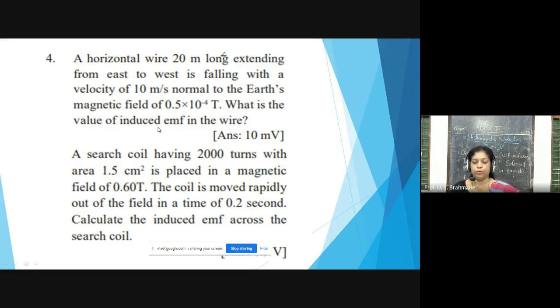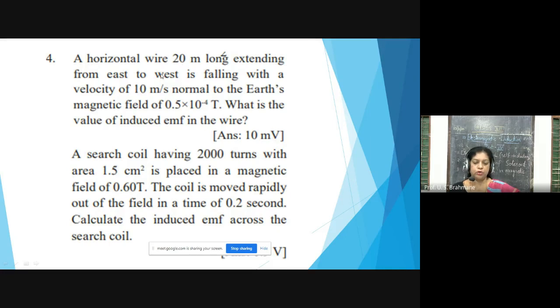I told you before, I think before inductance and energy transfer, we derived this for rotational motion and translation motion: E is equal to BLV. If you solve this, the length is in meters and the velocity is in meters per second, so the SI units are the same. It's very simple. Multiplying, you get 10 millivolt, which is the induced EMF.